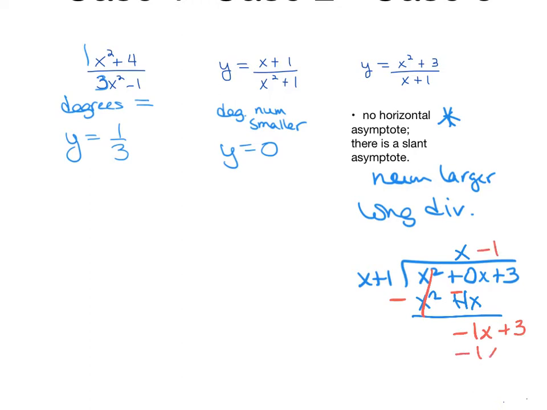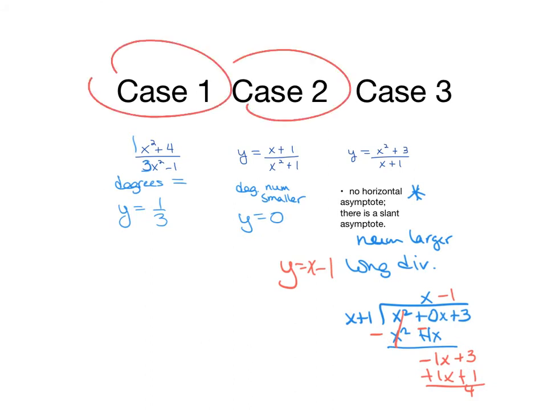Multiply. And then flip. So my slant asymptote is y equals x minus 1. So that's how the 3 scenarios. So when you're looking for your horizontal, you're going to have one of these 3 cases happening.